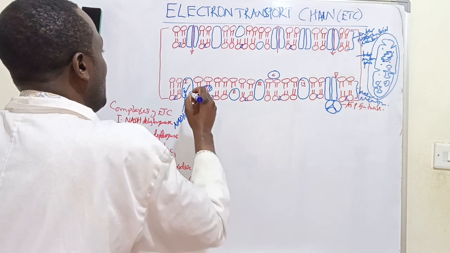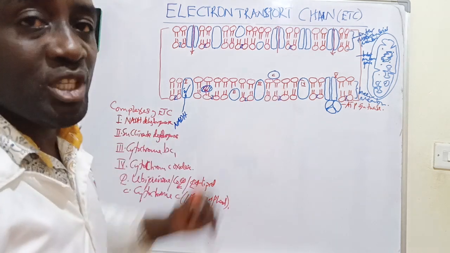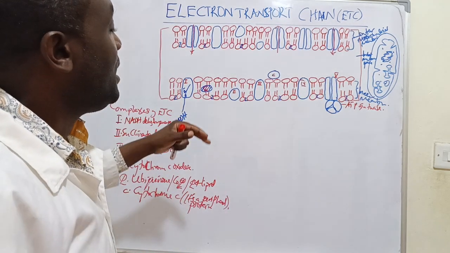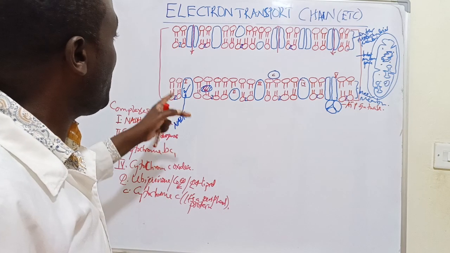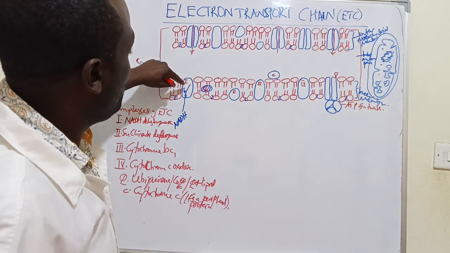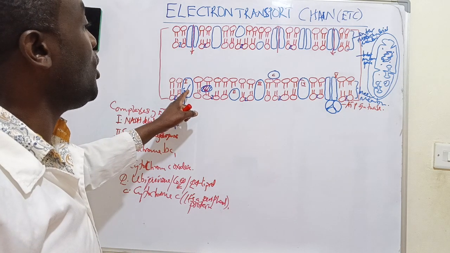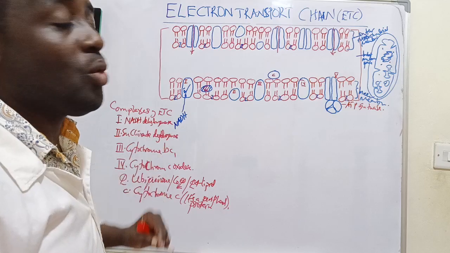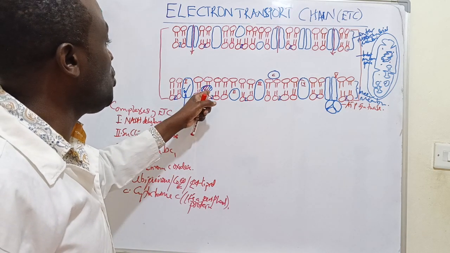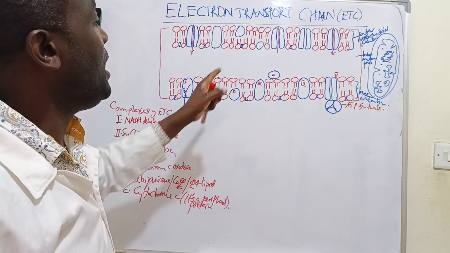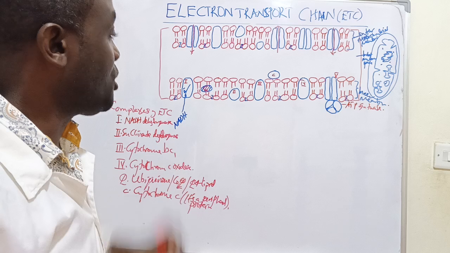Okay? So what happens is that these complexes of the electron transport chain are arranged in order of electron affinity. What do I mean? For example, complex 1, reduced NAD dehydrogenase, has a lower electron affinity than ubiquinone or coenzyme Q. Coenzyme Q has a lower electron affinity than complex 2.